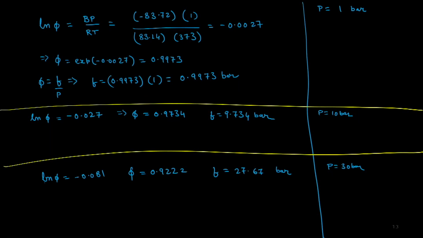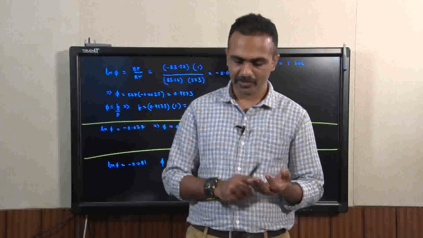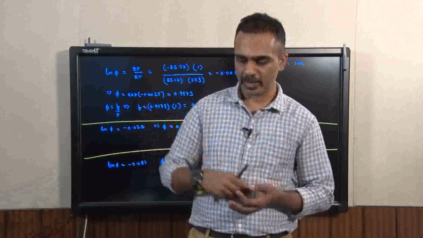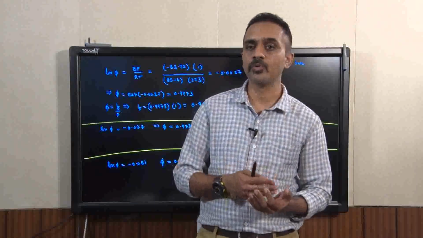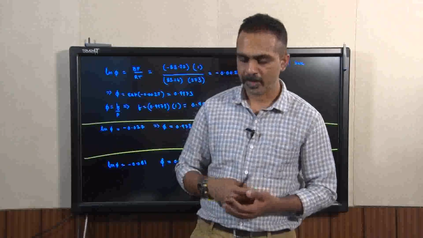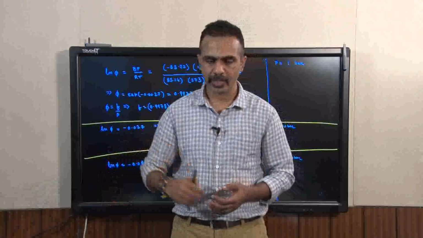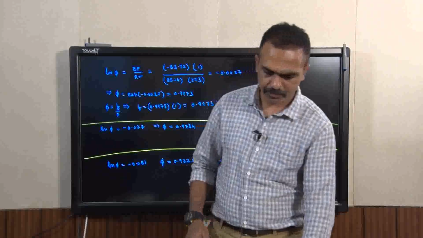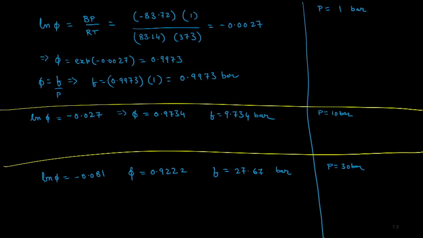As you can see, once the pressure increases, we are moving away from zero, the ideal gas behavior, and hence the fugacity coefficient phi moves farther away from 1, and the fugacity itself, F, is going to move farther away from pressure P. And that is what is happening as we increase the pressure from 1 bar to 10 bar to 30 bar. This is how we can use a virial equation of state to calculate fugacity of pure species.